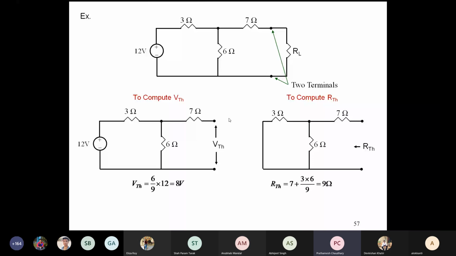There will be some voltage across the 7 ohm resistor because RL is connected. That is for the sake of calculating, we disconnect it now. But actually, there will be some VTH there, and that is the thing we are trying to find out. So to find that out, you have to basically remove RL and then find out what is the voltage here.